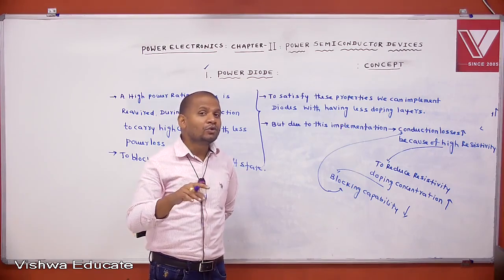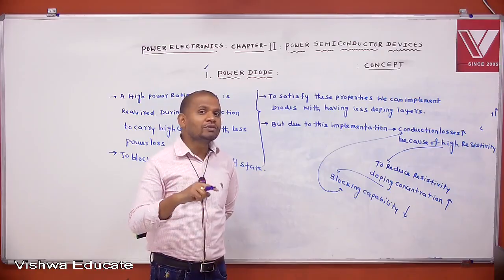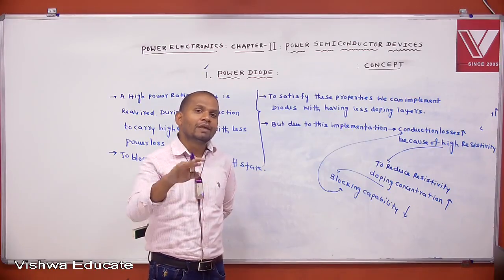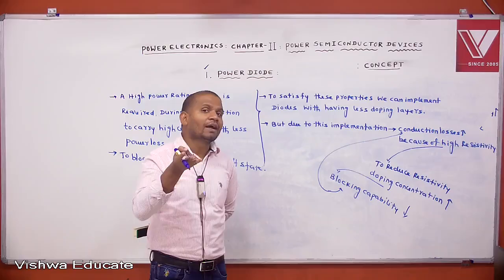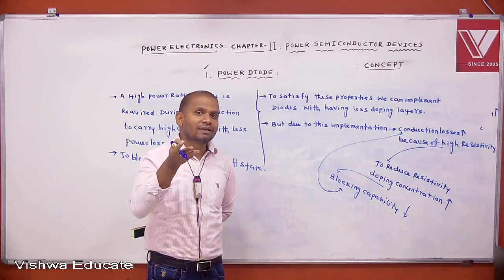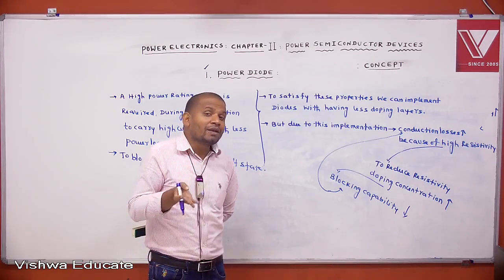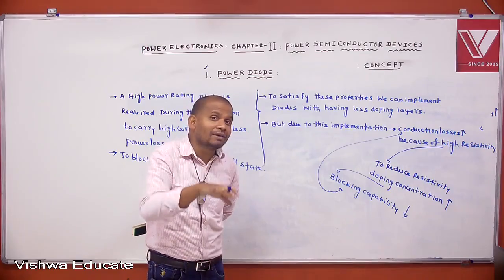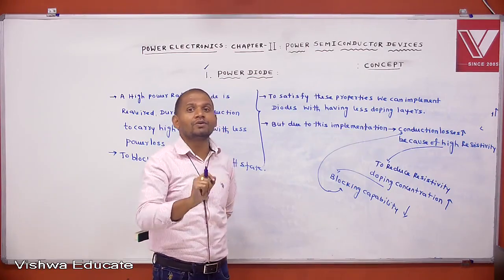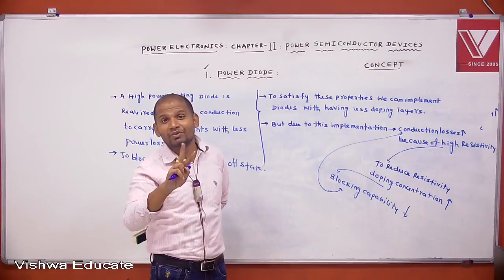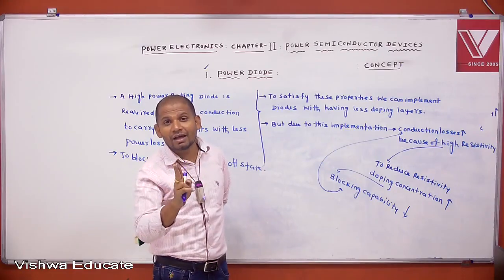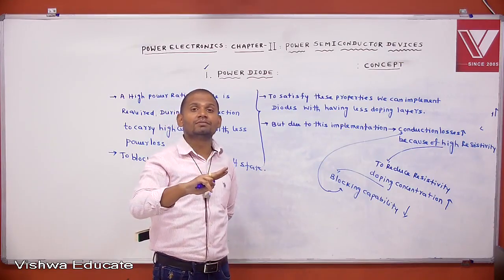To reduce resistivity and improve conductivity, we increase the doping concentration, and then blocking capability reduces again. Hence there is a contradiction between conduction losses and blocking capability.